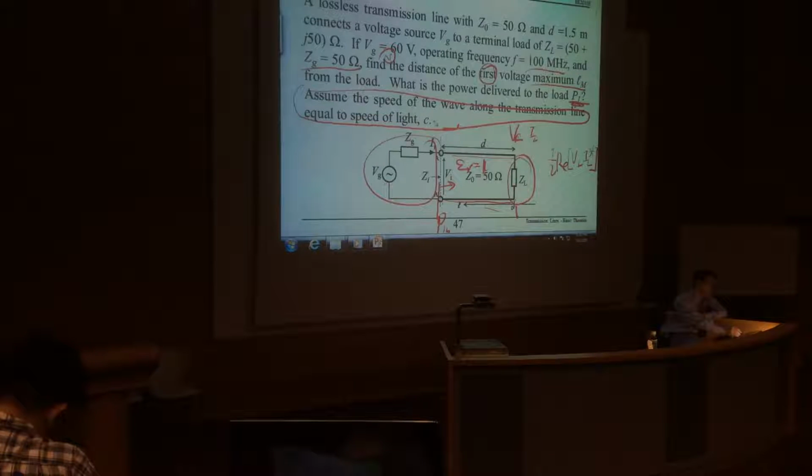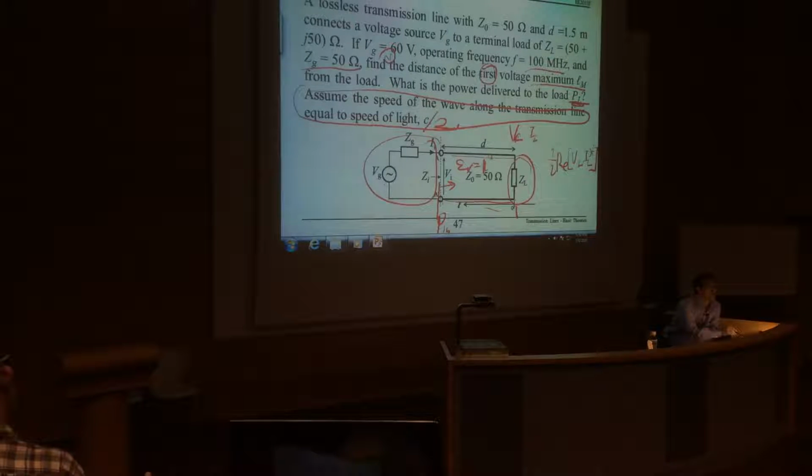If this speed is less, for instance C over 2, then the relative permittivity epsilon R will be what value? What is the value of epsilon r?